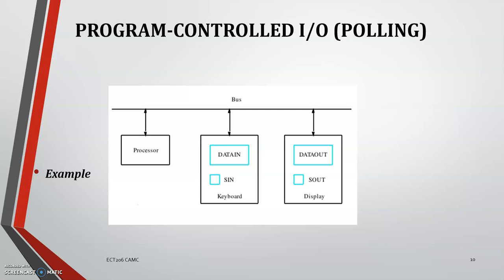When the processor, in a programmed pattern, comes and checks the status register of each I/O device connected to it, and it finds that the keyboard needs to input data, only then is the data input. The processor takes the data from the keyboard.